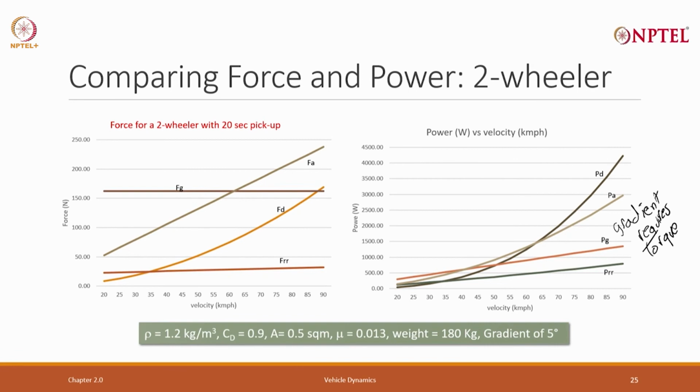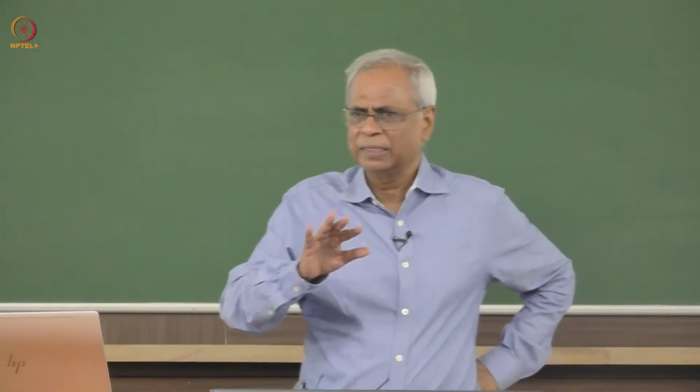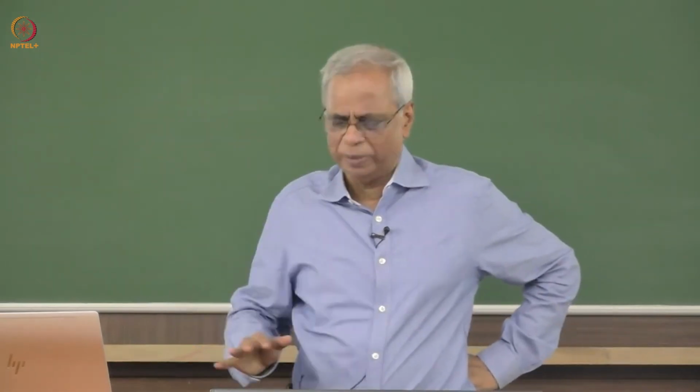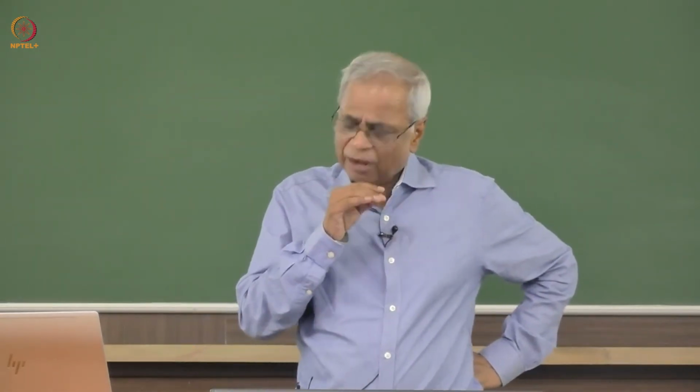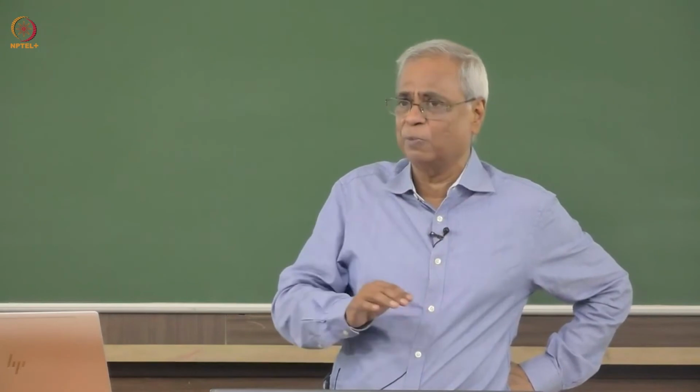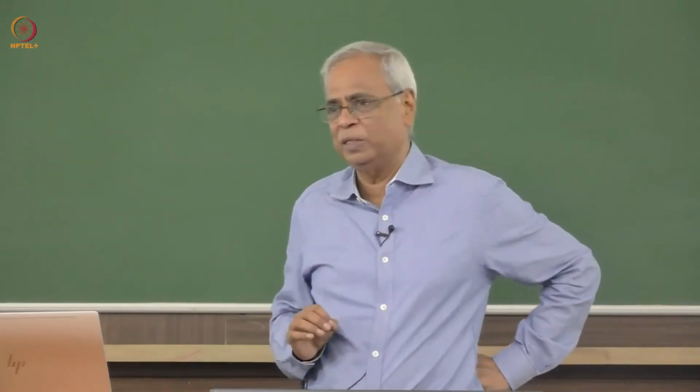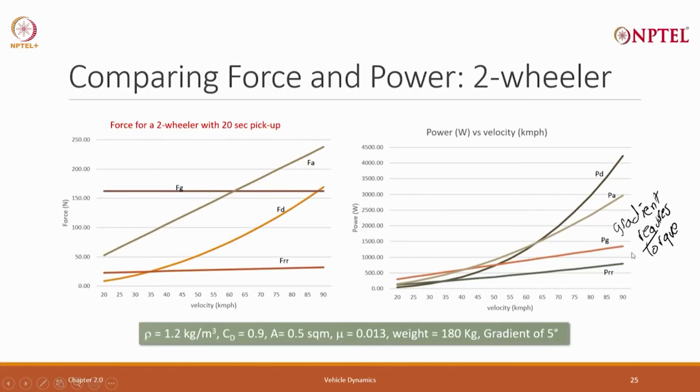So, if you have a 6 kilowatt motor, it will give you enough power to go to 80 kilometer per hour. But you will require about a 9 kilowatt motor at 90 kilometer per hour. This is what you can see. If I go to 90 kilometer per hour, my drag is approximately 4.5 kilowatt.